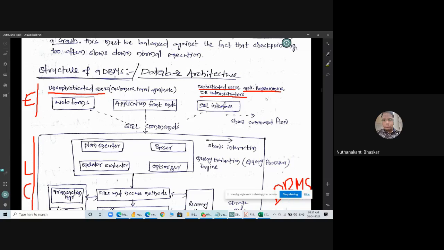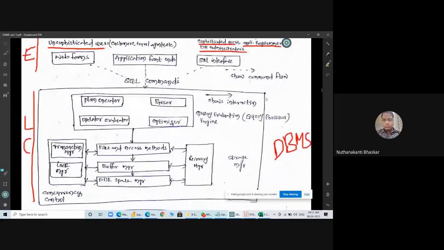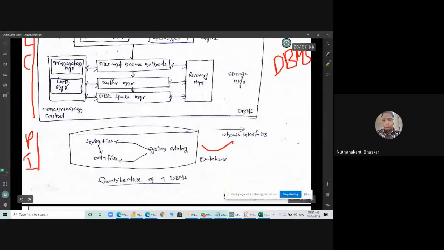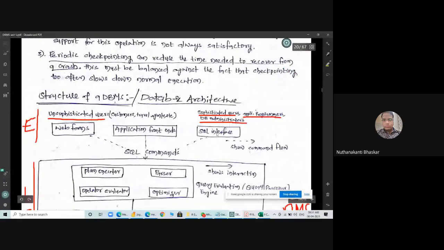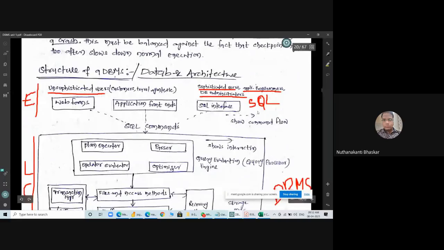These people know SQL programming. So whenever they want to interact with the database, they will use SQL queries. They know the structured query language, so they are going to access the data with the help of queries. These unsophisticated users don't know the SQL language.